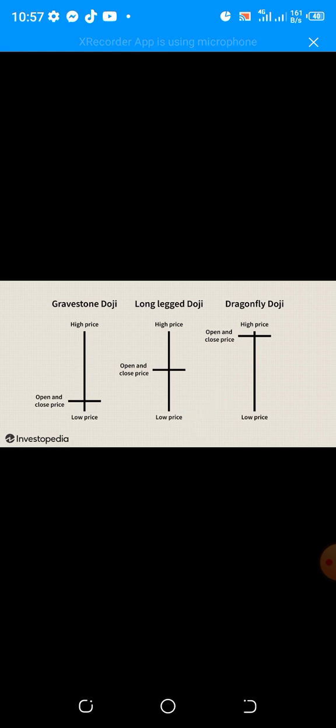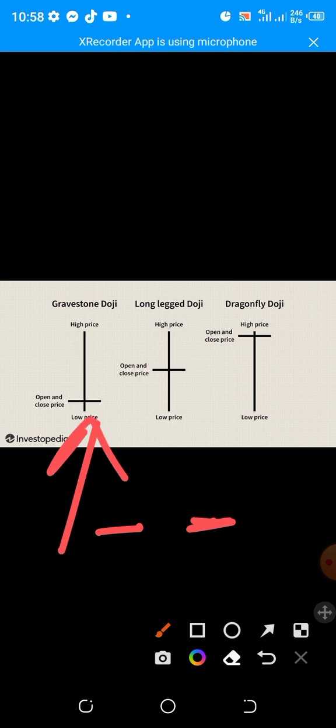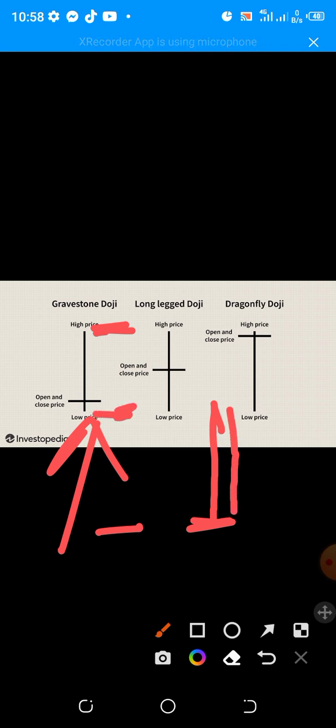So when a Doji candle is forming, it opens here. Let's say it is a bullish Doji. When it opened, the buyers came in and pushed the price up to this end, the highest price. Then the sellers came in again and pushed the price down to this lowest point here.